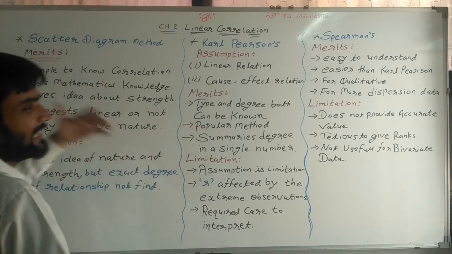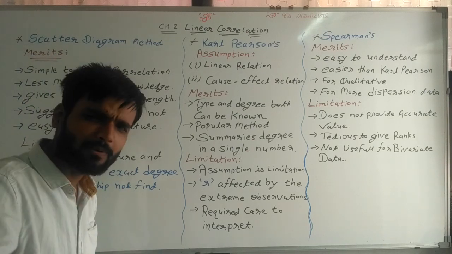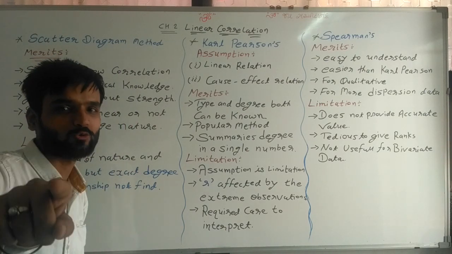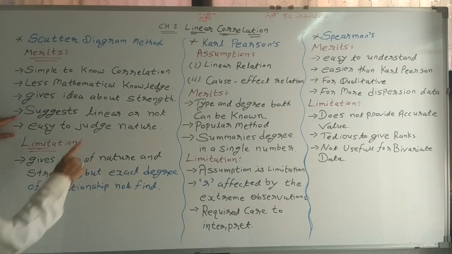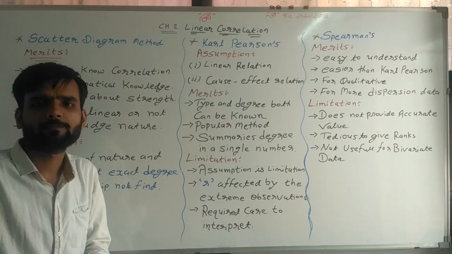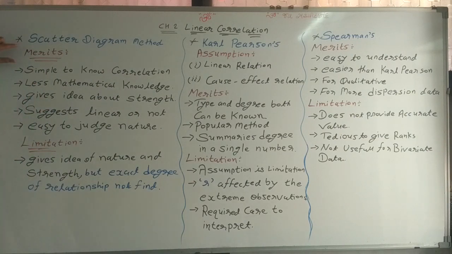Positive, very good. Left to right decreasing, then simple, sir, negative. So it is easy to judge the nature between two variables. So, these are 5 merits.